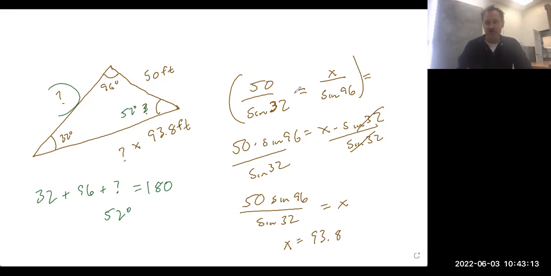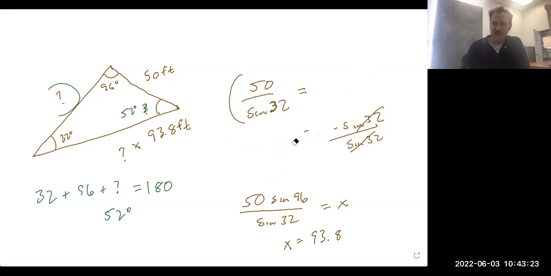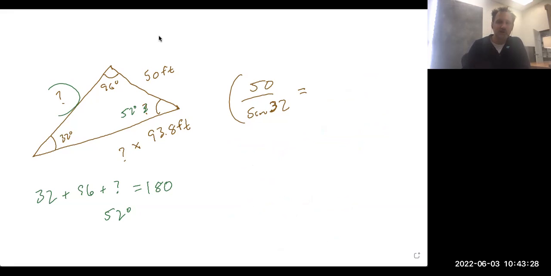And again, you can do it with whatever you want. You could use the 93.8 and the sine 96. I'm going to go back to the 50 over sine 32 just because it leaves me with exact numbers that I didn't have to round, which give me my best answer. So the third pair here would be y over sine 52.